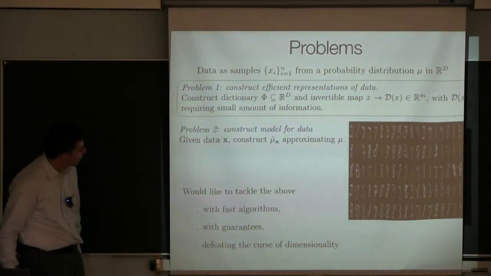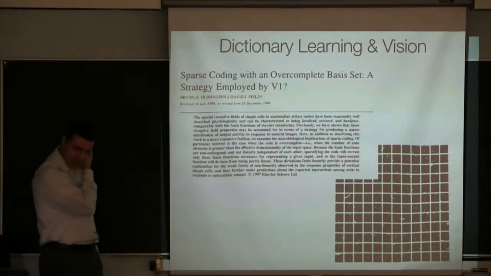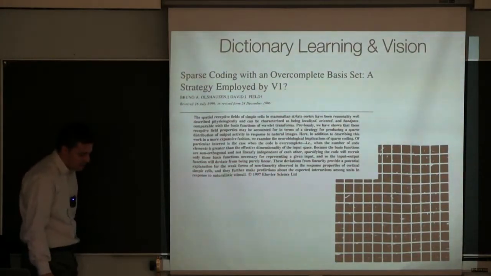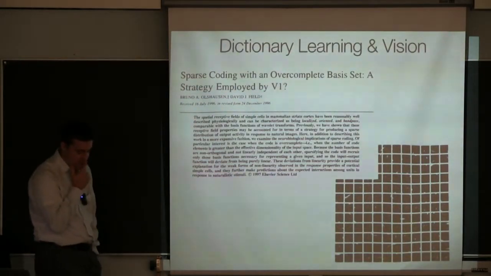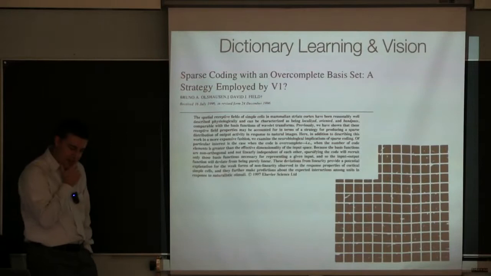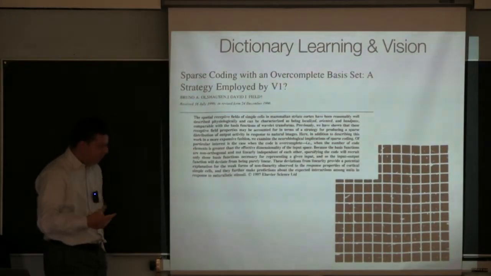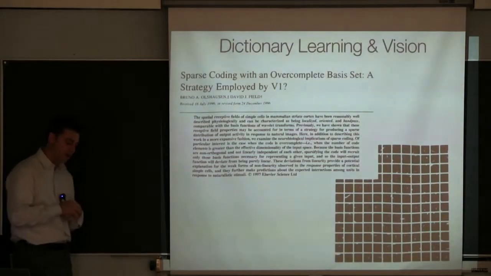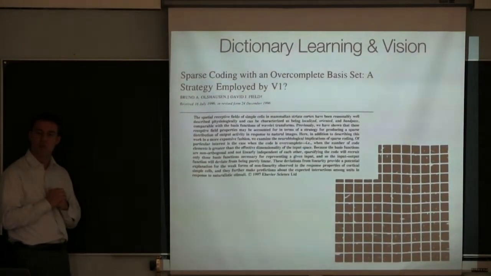So let me talk more about problem 1. This is the connection with biology, and Field already mentioned this in one of his papers in the previous talk. When they looked at the receptive fields for the visual cortex, they asked the question: can the patterns that we have in the visual cortex be explained by asking that they compress the visual stimuli well?